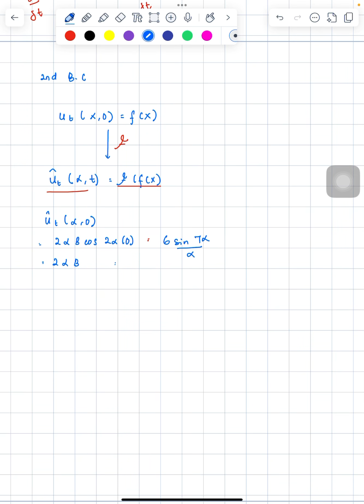So it equals 6 sine 7 alpha over alpha. You can take this from step number 1.